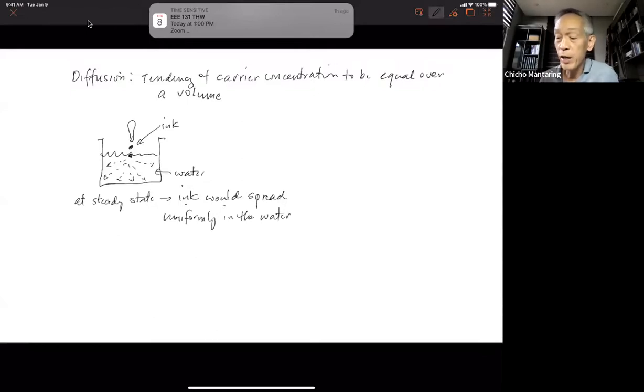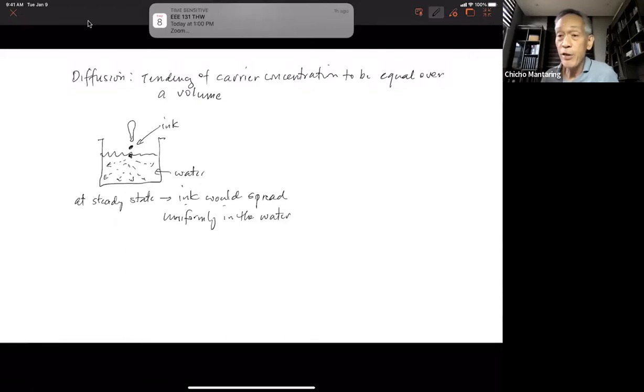If we think about the ink like electrons, for example, if you drop an electron in one part of your semiconductor, there's a tendency for those electrons to spread itself over the entire volume until the electron concentration becomes equal throughout the entire volume. By the way, we're talking here, there is no electric field present.